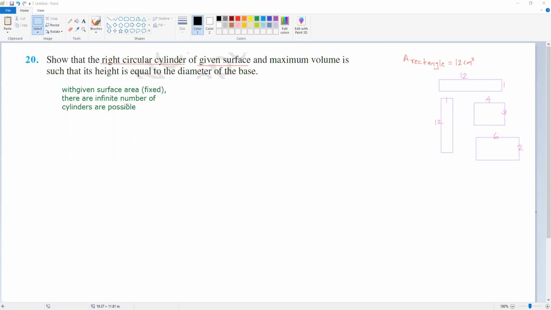Similarly, if the surface area of a cylinder is fixed, we can have different cylinders. Maybe the cylinder like this, or suppose surface area is, just for example, 50. So we can reduce the width, but then increase the length.